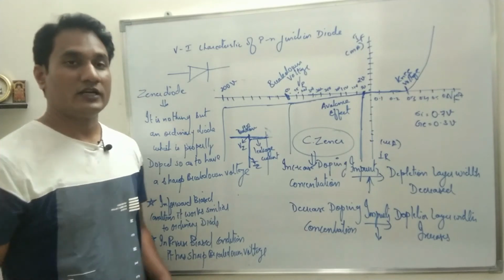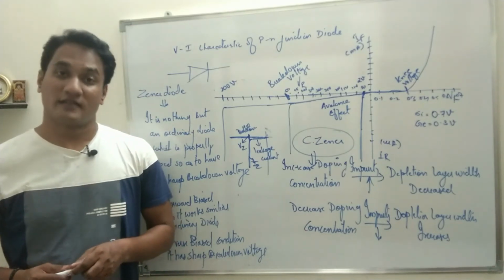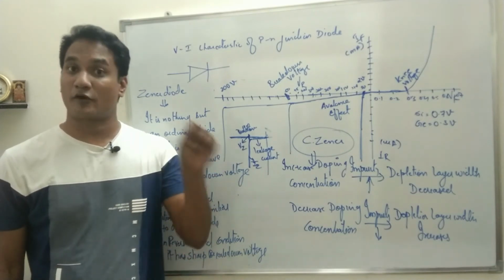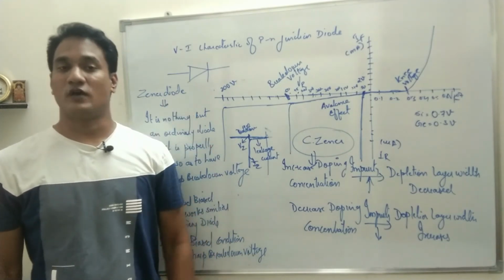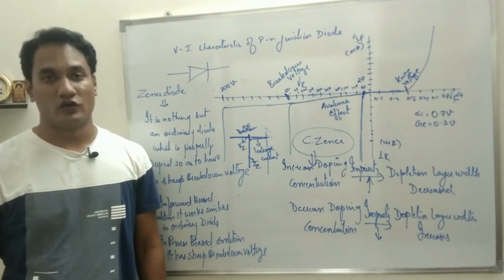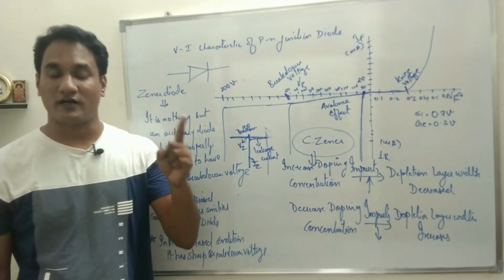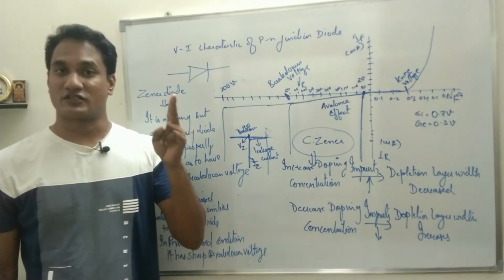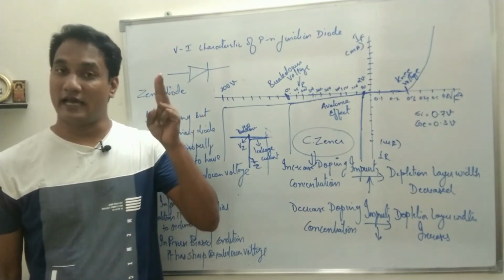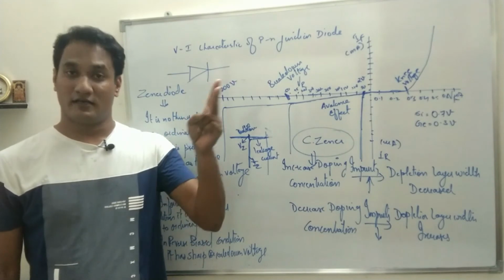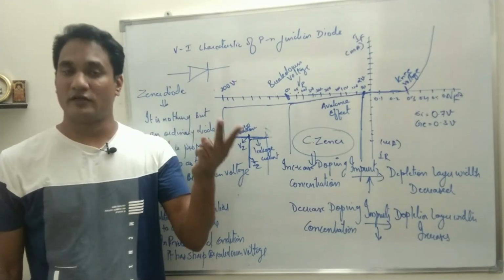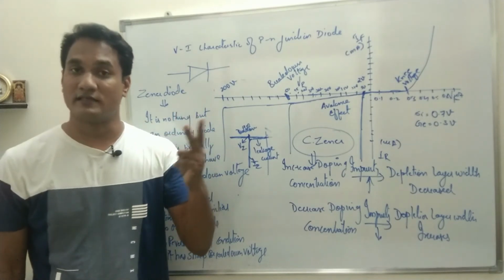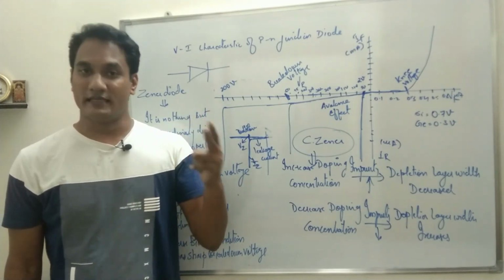Okay, so what I told you is that a Zener diode is nothing but an ordinary p-n junction diode which has been properly doped so as to have a sharp breakdown voltage. In forward bias condition, it works exactly similar to an ordinary diode. In reverse bias condition, it has a sharp breakdown voltage, and as soon as the breakdown voltage is reached, the voltage across the Zener diode remains constant while the current through it keeps on increasing.